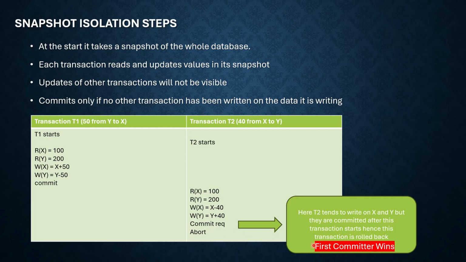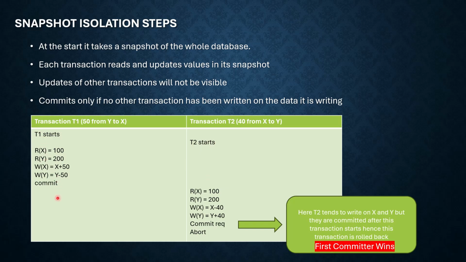Here it also tells about the rule that the first committer wins. First committer wins means, let's say in this example, T2 had already committed before T1 commits.